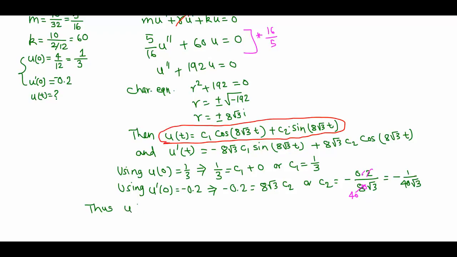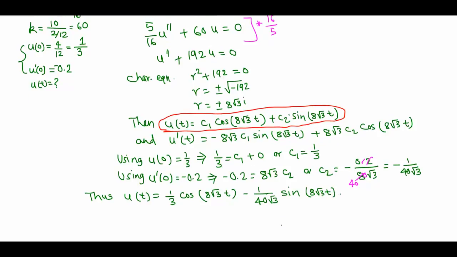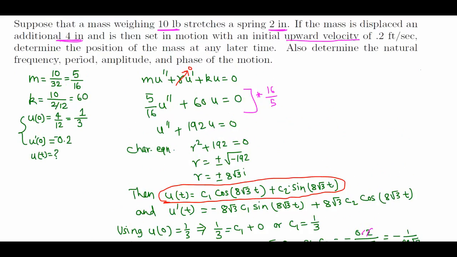Thus the motion u(t) is c1, that's 1/3, cosine 8√3 t, plus c2, which is negative, so minus 1/(40√3) sine 8√3 t. Now we need to answer other questions as well. So we just found the position of the mass at any later time.